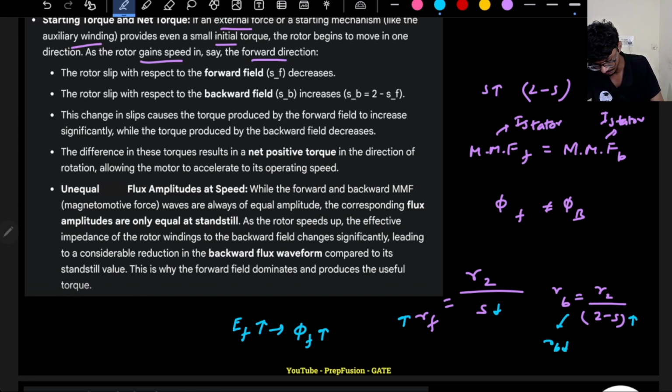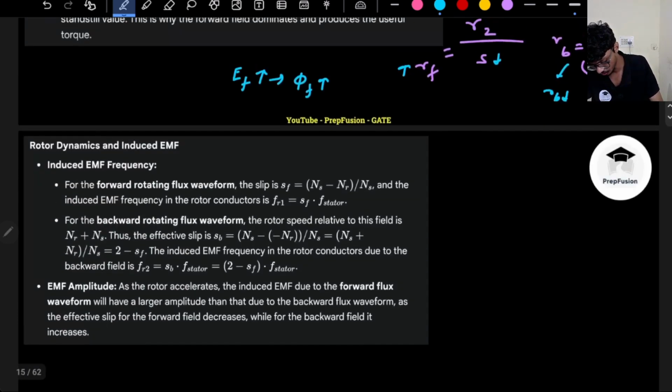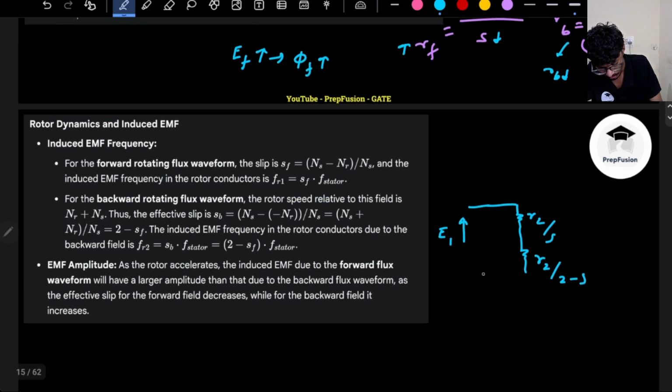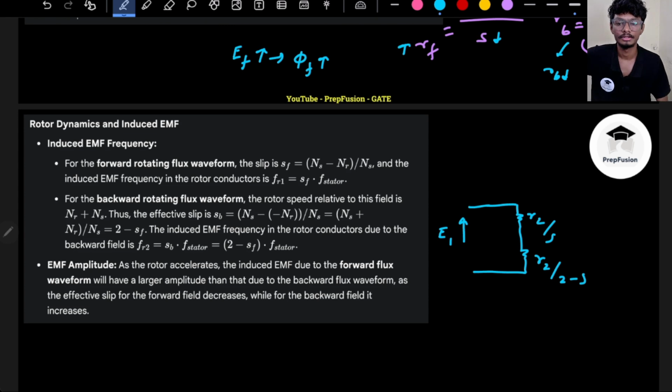And this is my circuit, I will show you the circuit. So I provide a voltage E1 here in the stator windings, and then I will have two windings like this, R2 by S and R2 divided by 2 minus S. I will show you the equivalent circuit in a few slides.